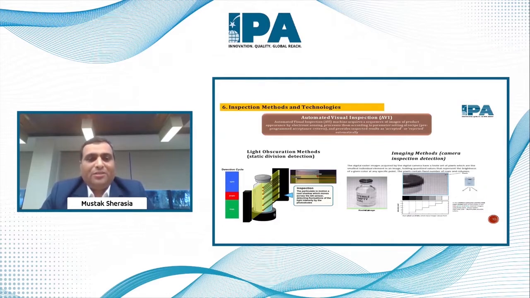The advantage of the automatic inspection machine is that it has electronic controls, electronic sensors, cameras, recipe-based controls, and auto rejection outputs. There are some limitations with automatic visual inspection, but modern visual inspection machines are now available to detect all types of defects. Next slide.